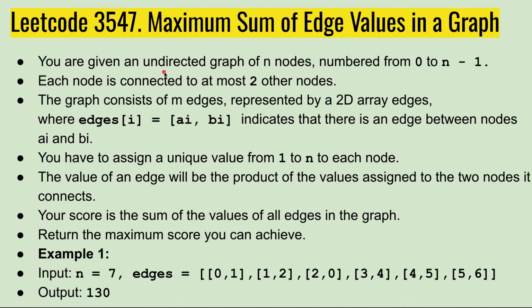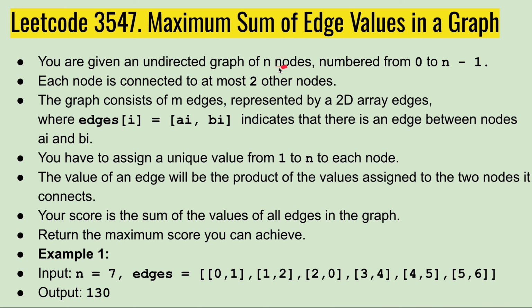You are given an undirected graph of n nodes numbered from 0 to n minus 1. Each node is connected to at most two other nodes, right? Undirected graph means there are no directions given for the graph, right?